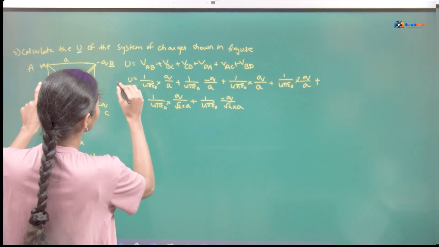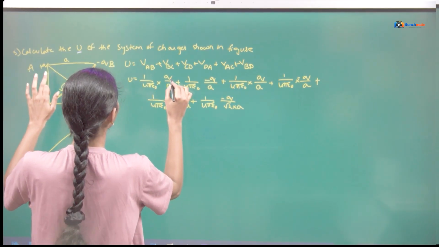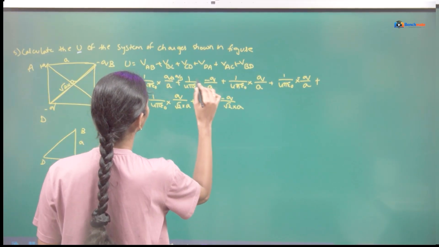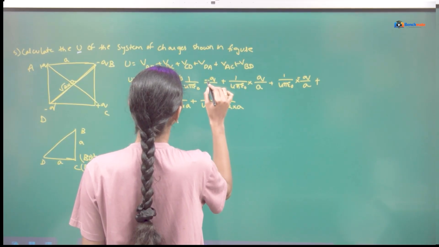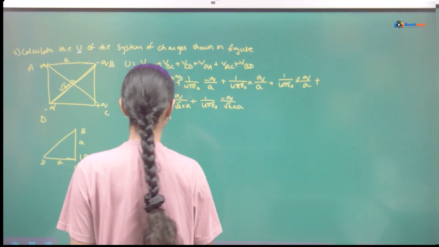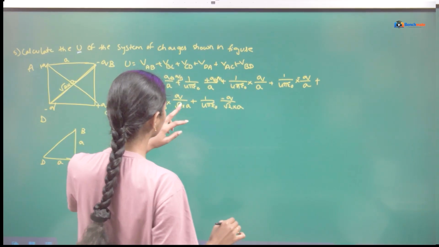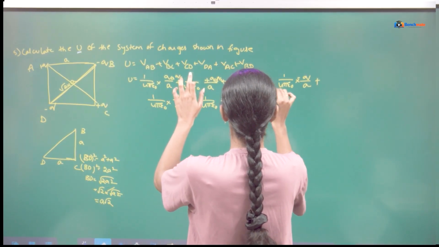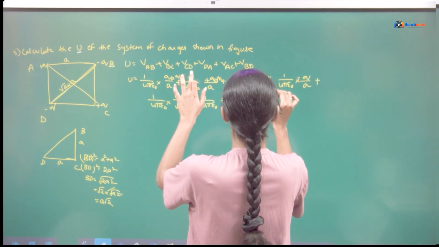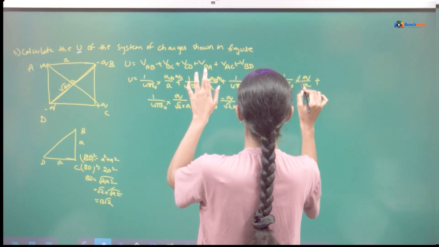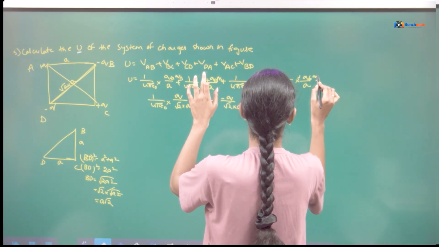Charges QA, QB. Here also, let me interchange. Here QB, QC charge. Two charges we are going to take, right? Here QC, QD charge. Here QD, QA charge.